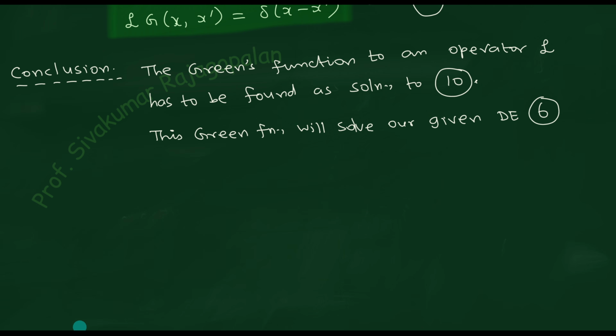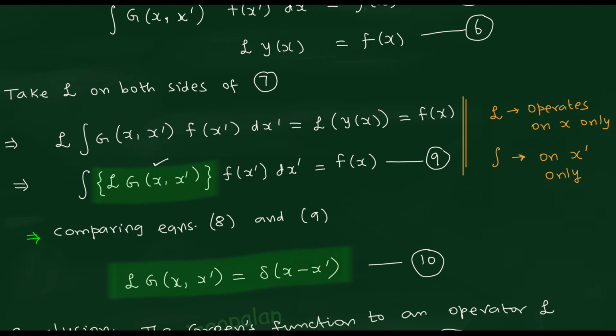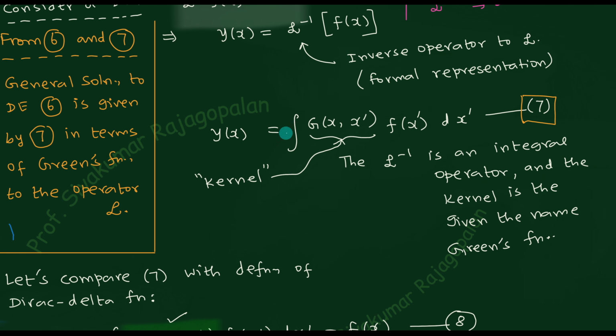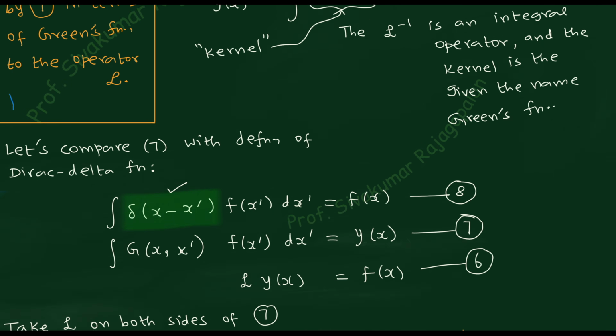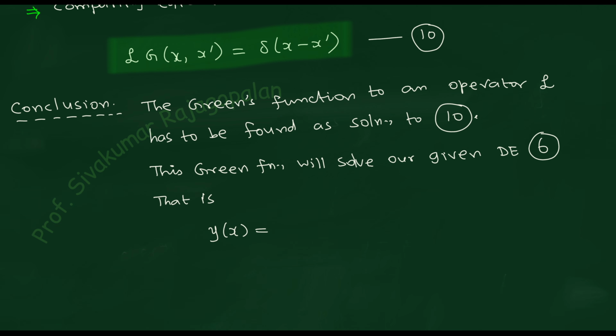As an intermediate conclusion, the green function which is going to help you solve equation number 6 is given by this expression. What expression? y of x equal to, you already have it, right? I'm just copying equation number 7 once again because everything should be in one place. You can see the integral of g of x comma x prime f of x prime dx prime.